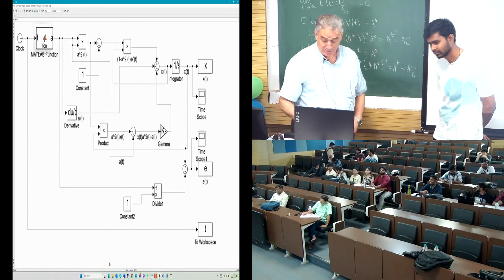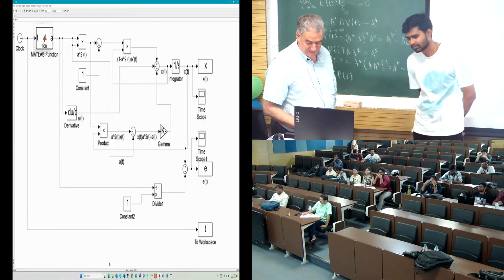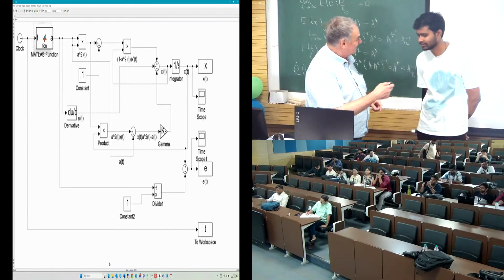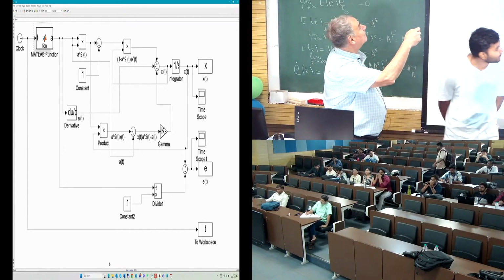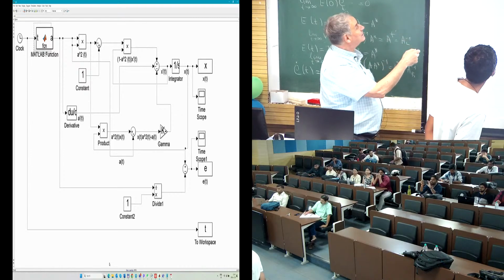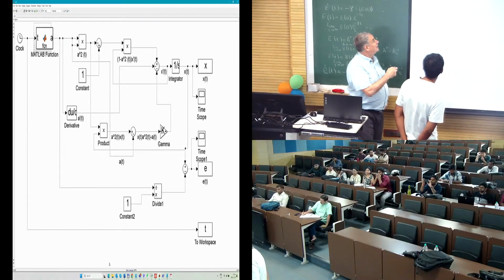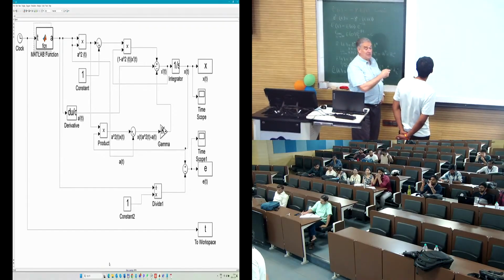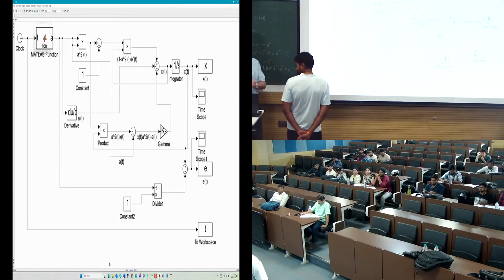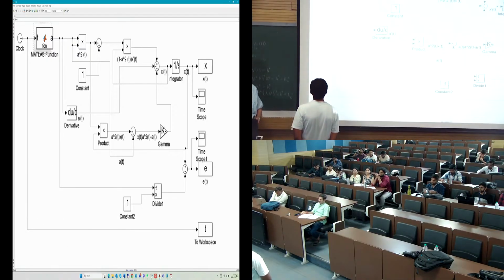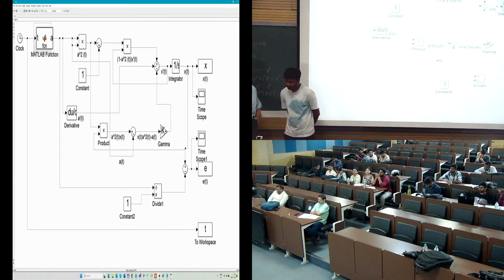We will start from the beginning and investigate this. I must show in the table. First block is the clock, which means that this block will change during time. And it is an interpreted MATLAB function, which means that inside is a definition. The input of this interpreted MATLAB function is time.